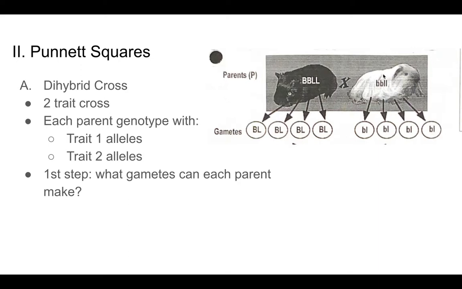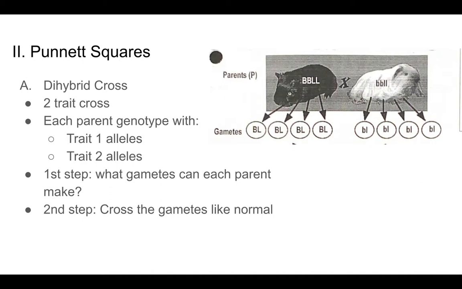Same thing over here. Here's this parent's genotype, 4 letters representing the 2 different traits, and by the FOIL method, here are the gametes that this guinea pig could produce. So step one in a dihybrid cross is always to figure out what kind of gametes each parent can create.